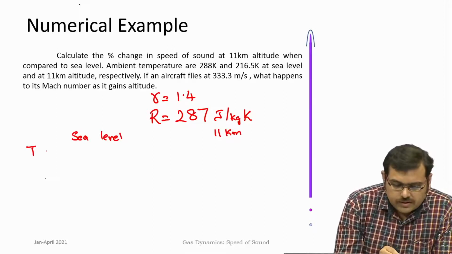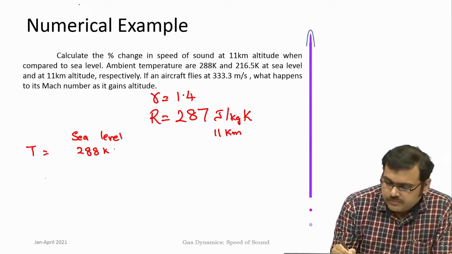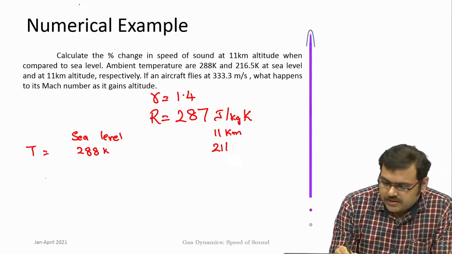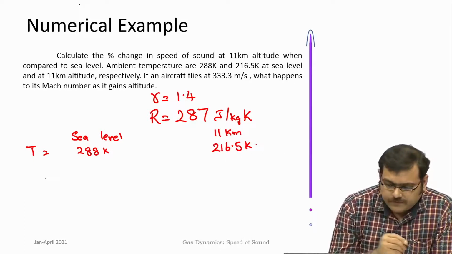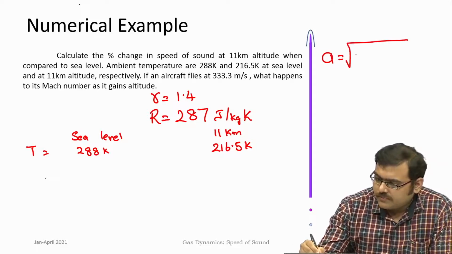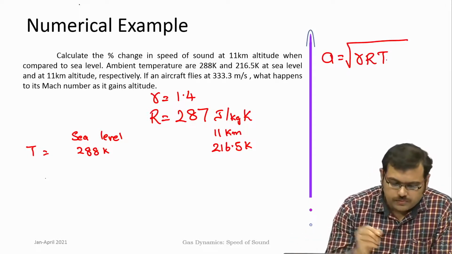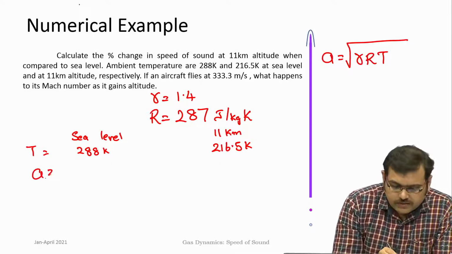Temperature at sea level is 288 Kelvin, here it is 216.5 Kelvin, and the relevant formula is square root of gamma RT. So one can find the speed of sound here.